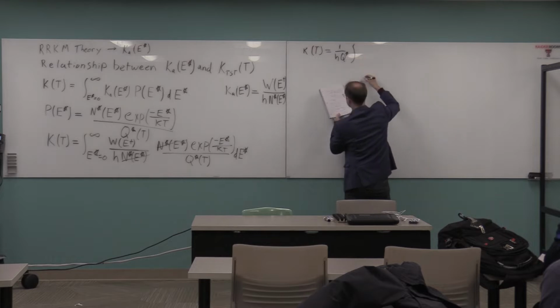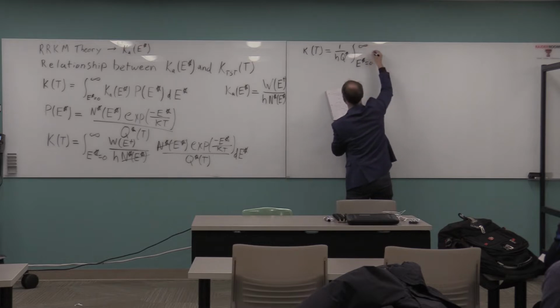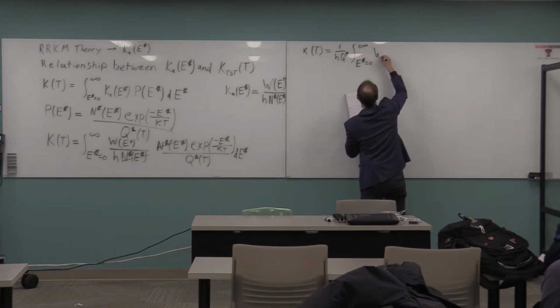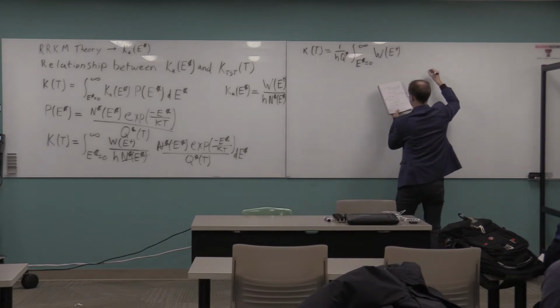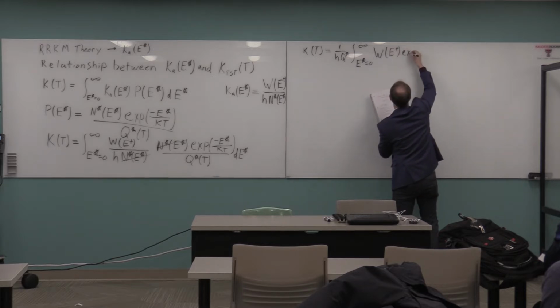And then that's going to get multiplied by this integral. We're integrating from E star equals 0 to infinity. We have a W times an exponential.